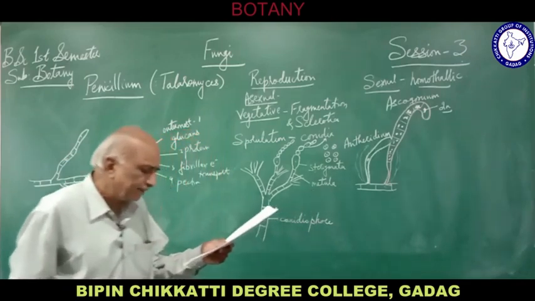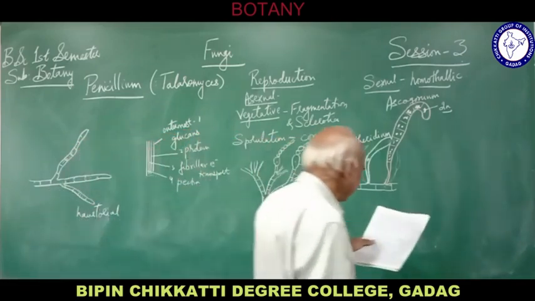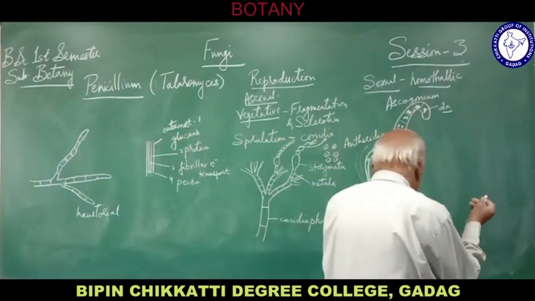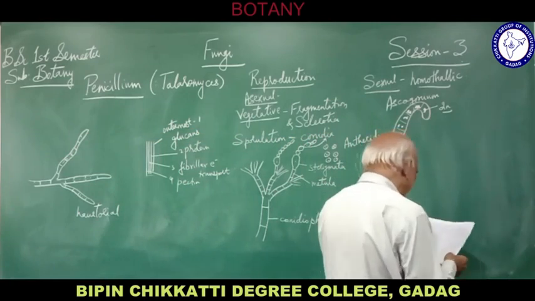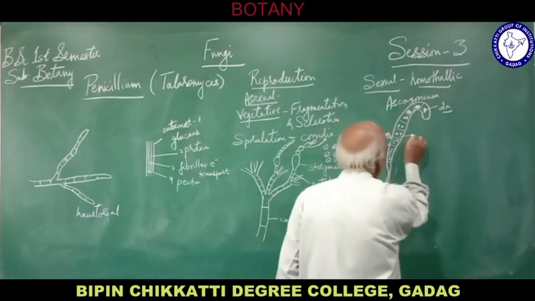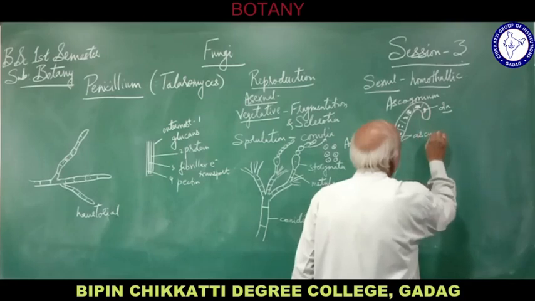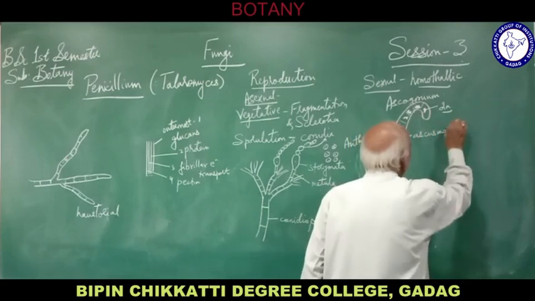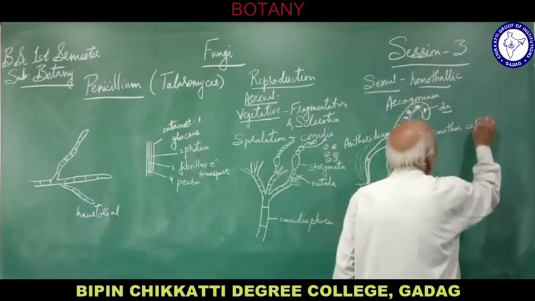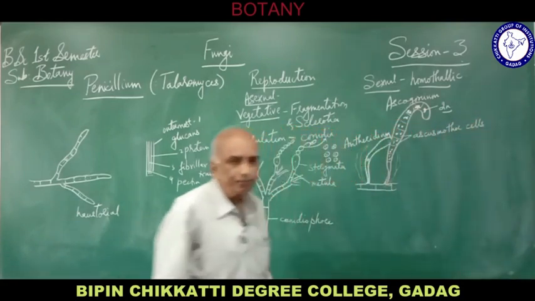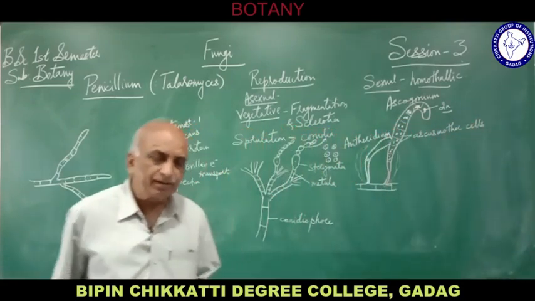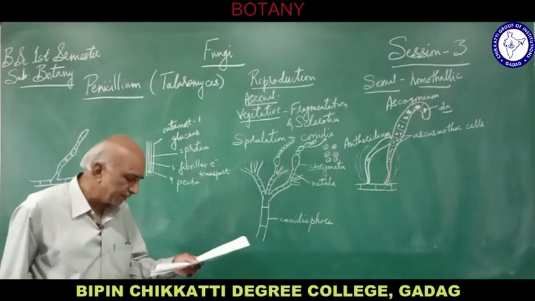They are called the ascogenous hyphae, and these are called the ascus mother cells. So each cell is called an ascus mother cell.